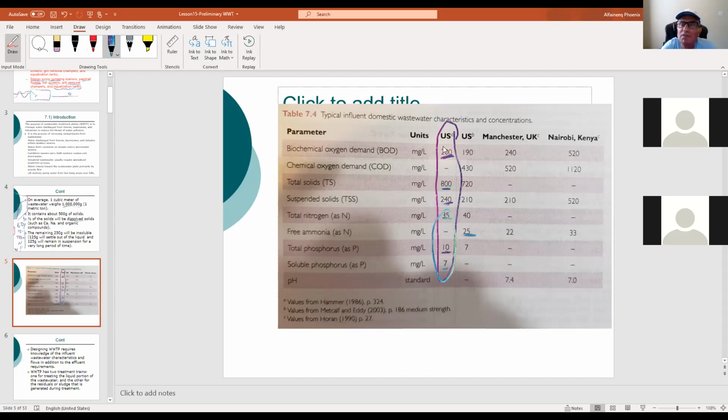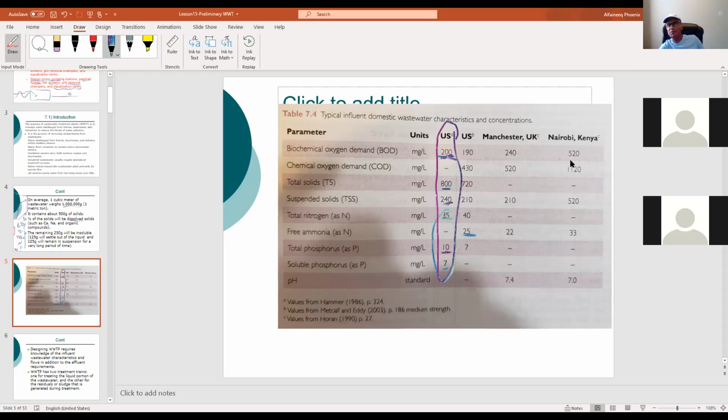So this is what you got. This is the raw wastewater that comes to your plant. Not very strong in the United States. This is because we use too much water. We flush a lot, and we use water a lot for showering, cleaning, and washing.